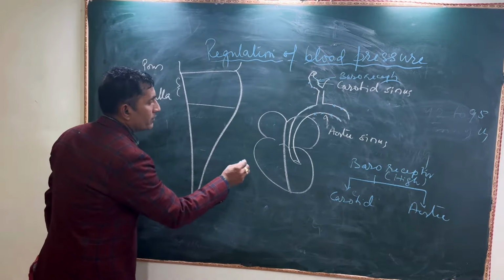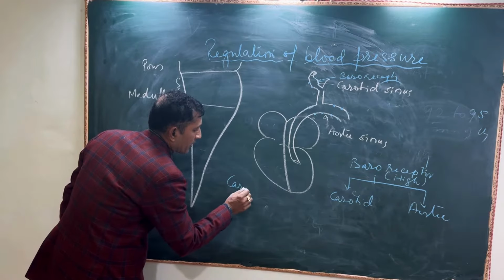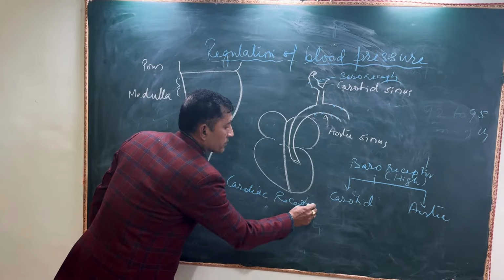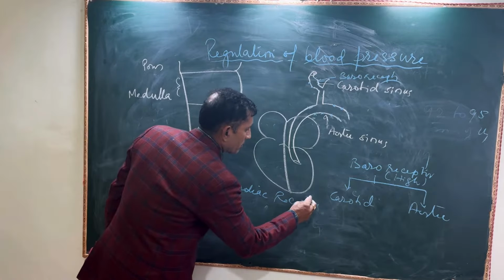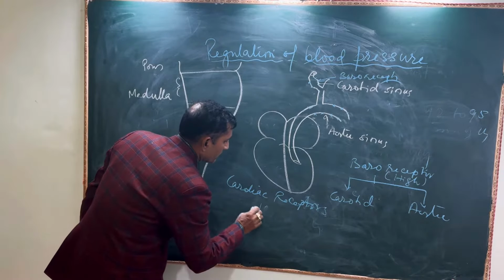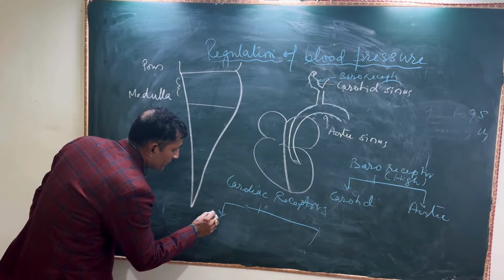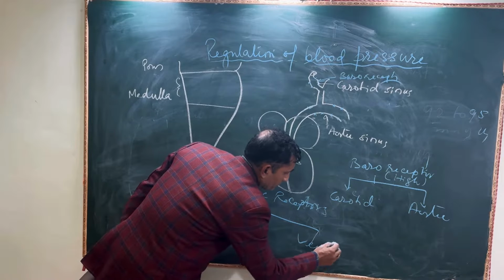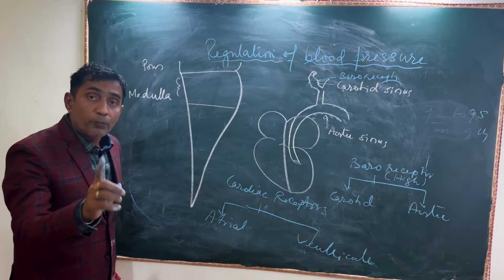Another receptor we will have is cardiac receptors. These cardiac receptors again have different types, that is atrial receptors and ventricular receptors. These are low pressure receptors.